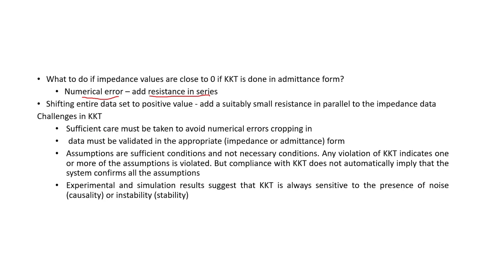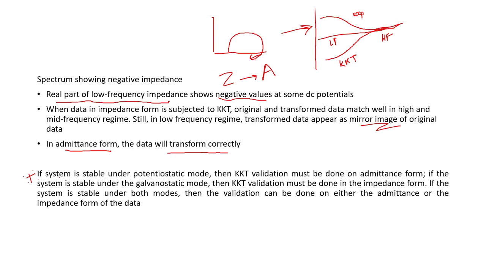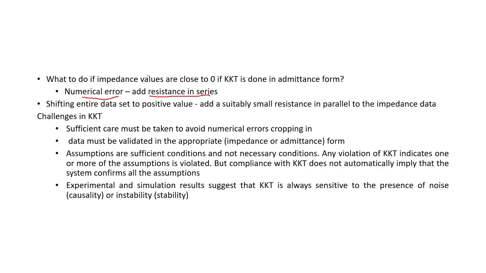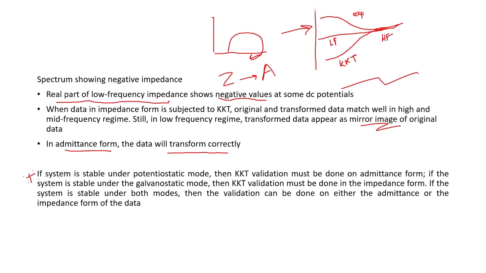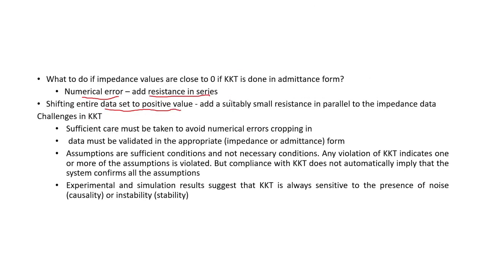Now, in this case, we saw that if the real part is going to a negative value and I am doing it in the impedance form, it will give me a mirror image. So it is better to perform in the admittance form. Is there any other way to solve it? I can shift the entire data set to a positive value. How can I do that?